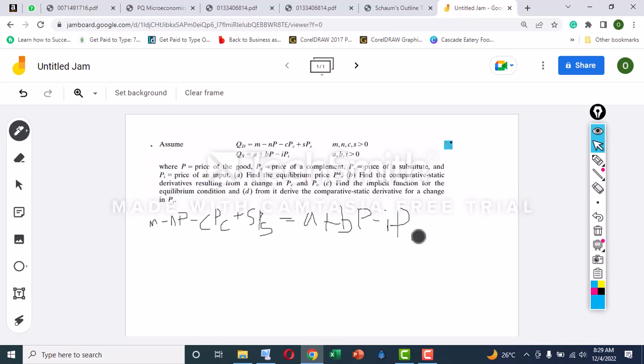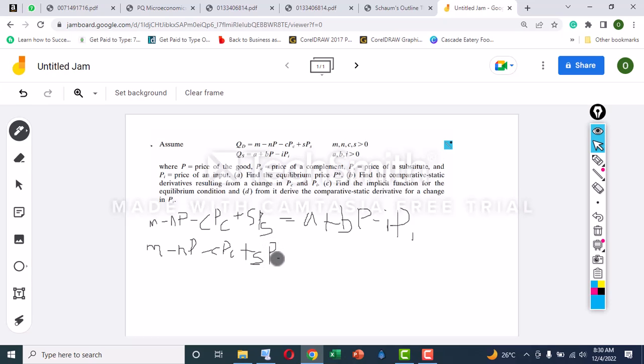So this is qd equal to qs, like the first step you did, but instead of making p the subject of the formula, now you want to bring all of them to one side and equate it to 0 before you start your implicit differentiation. So we are going to have m minus np minus c pc plus s ps. These are not moving, so they are still the same thing.